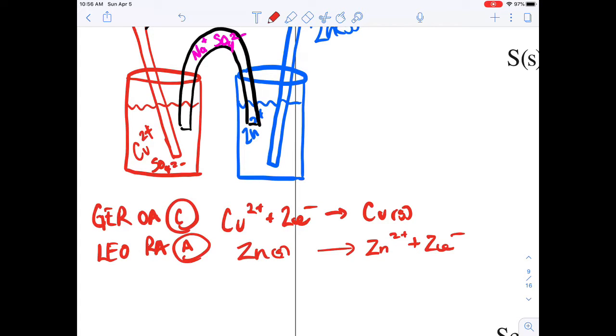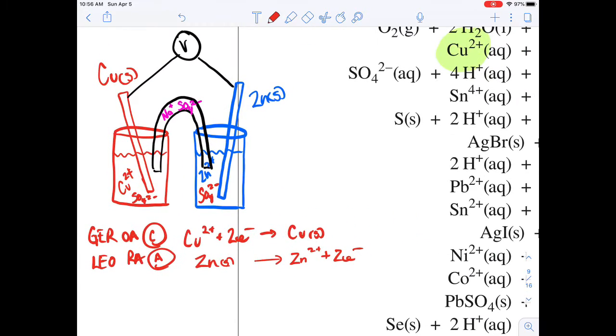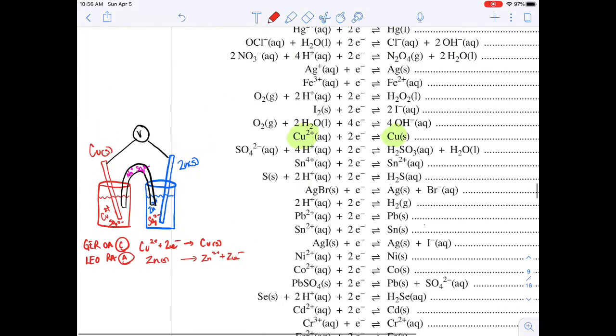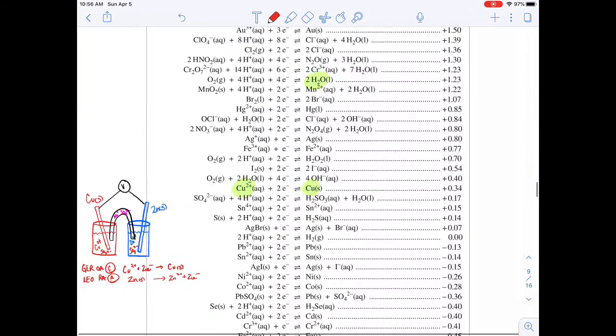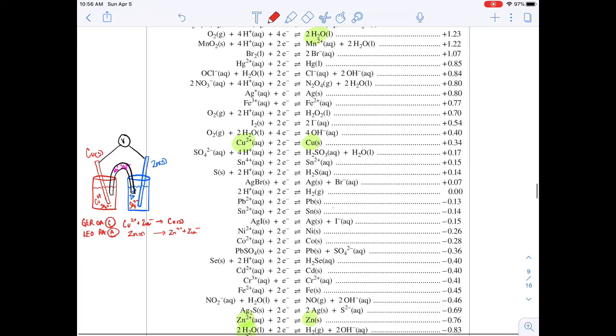And then we've got zinc sulfate solution, so it also has sulfates, or if it was zinc nitrate, they're both going to be spectators in this case. So if I've got all of those things, I need to find the entities in solution. My waters are here. I have copper ions as well as copper solid, zinc ions, and zinc solid.